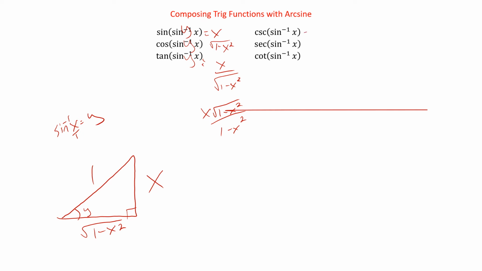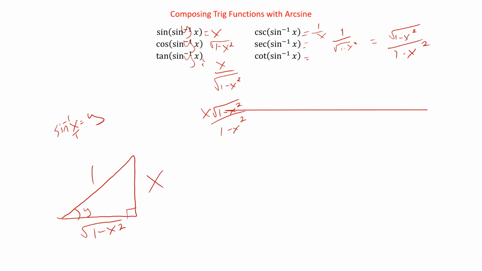Cosecant, these are all the reciprocals. So if sine was x, cosecant will be 1 over x. The secant will be 1 over that square root. Or you multiply both top and bottom, and you get the square root of 1 minus x squared over 1 minus x squared.